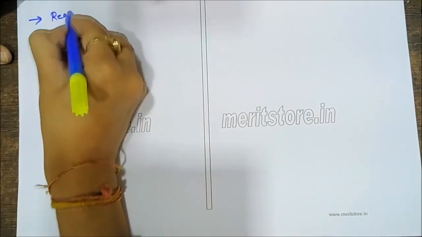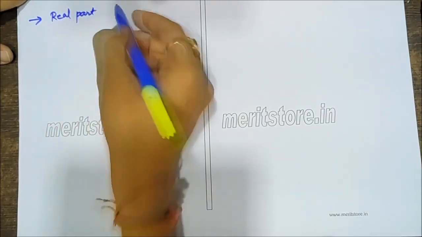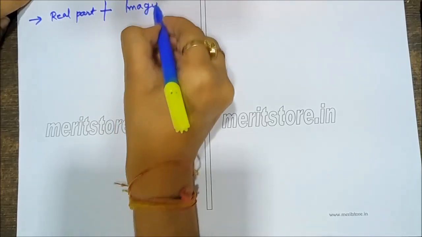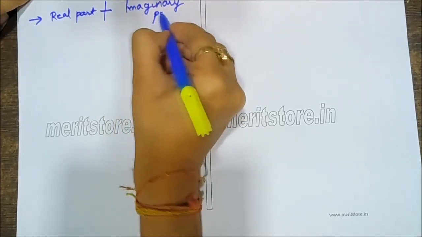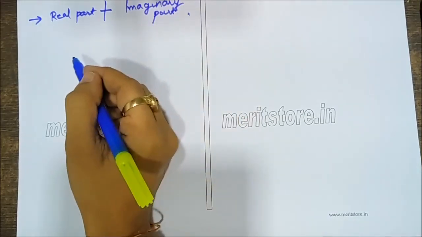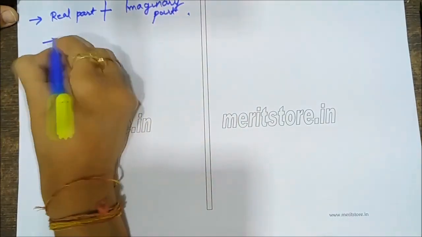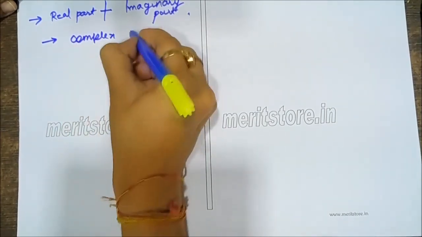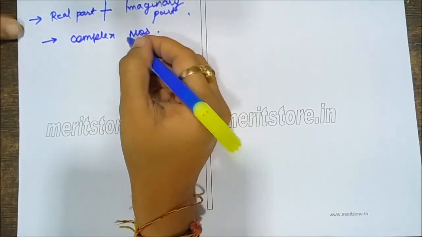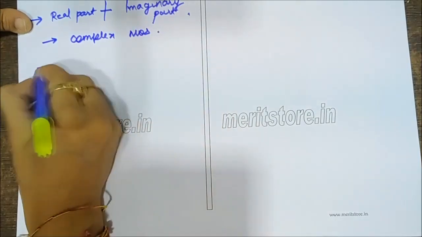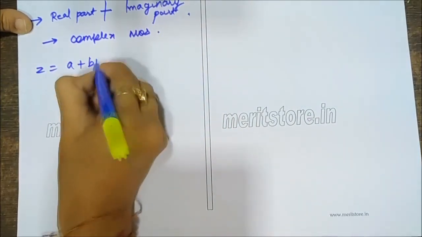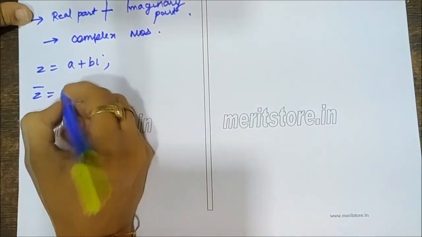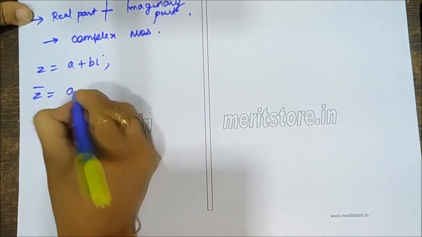There are certain combinations, as I said, of real part plus imaginary part. So when I'm combining both, you get a complex number, which we discussed in the early examples. After that, I'm denoting this as z equals a plus bi, and here I'm writing bar z is equal to a minus bi.